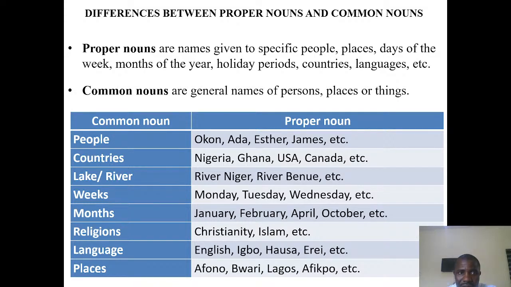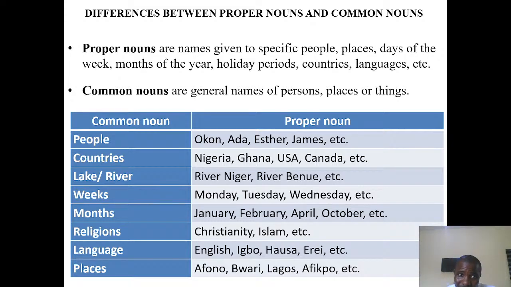The only difference between proper nouns and common nouns is that proper nouns are specific: the name given to one person, one place, one day, one particular month, one particular holiday, one particular country, one particular language.